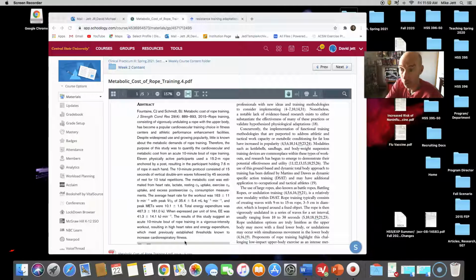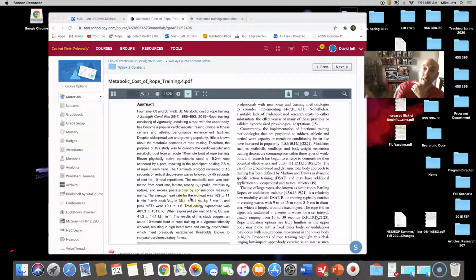So it's an effective tool to use to improve the fitness in a group fitness class, okay? Which is the information I was looking for when I was deciding if I should include battle ropes in my fitness classes, okay? So that, again, is the abstract.